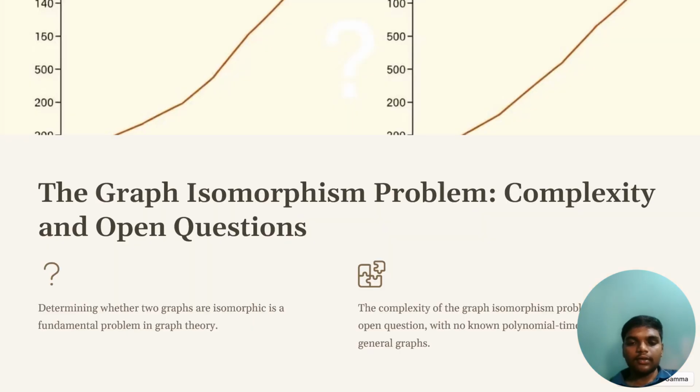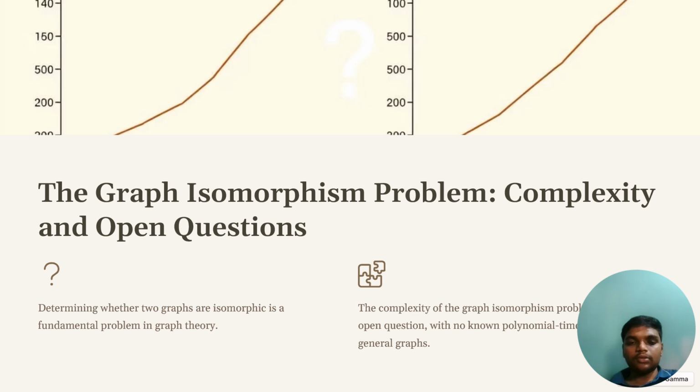What is graph isomorphism? Graph isomorphism is the idea that two graphs, although they may look different, are structurally identical. This means there exists a one-to-one correspondence between their vertices and edges that preserves the adjacency relationship.